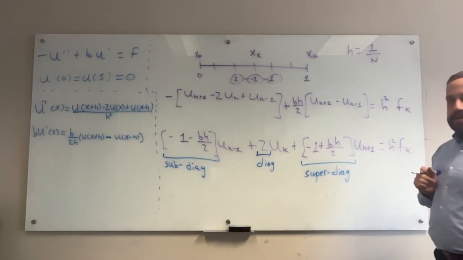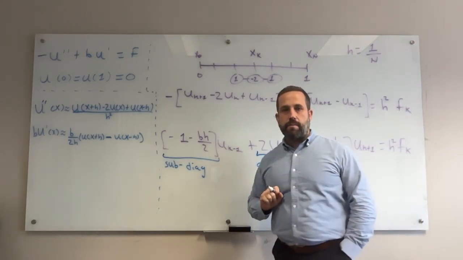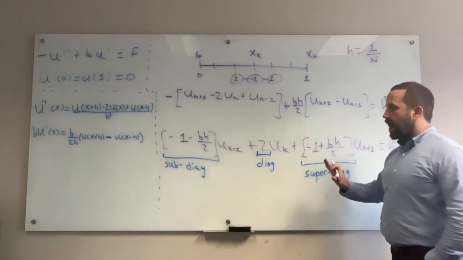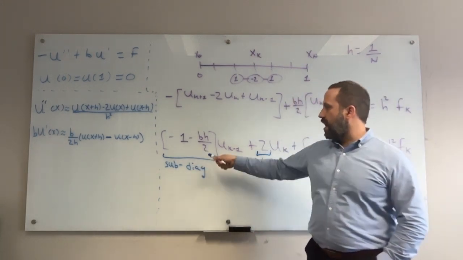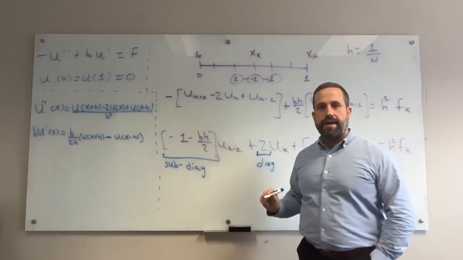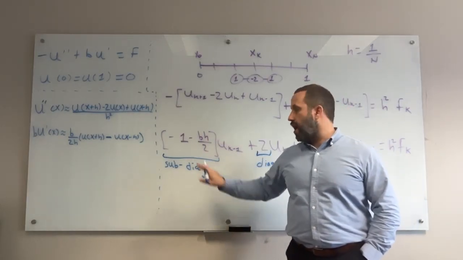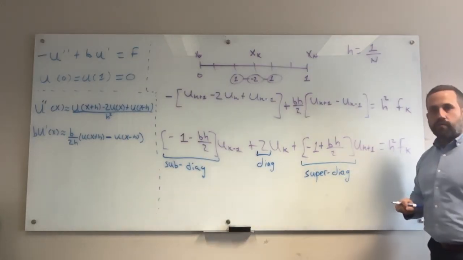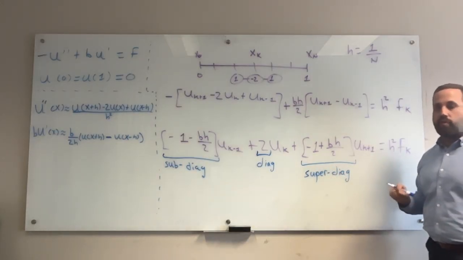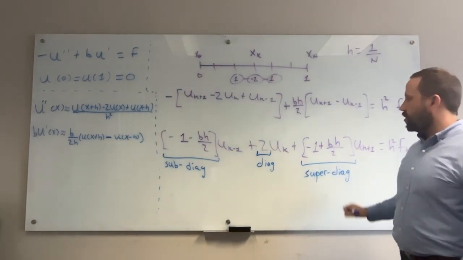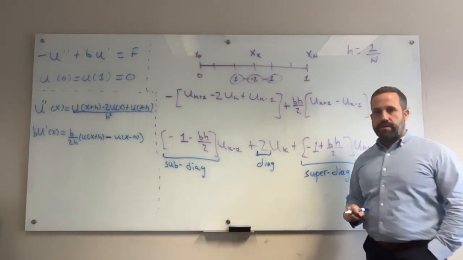On the other hand, if b times h is a very big number, let's say b times h is equal to 50, you have minus 1 minus 50 over 2, so minus 1 minus 25. The absolute value of that is 26. And then over here, we're going to get minus 1 plus 25, so the absolute value of this is 24. You add them together, it's definitely bigger than 2.